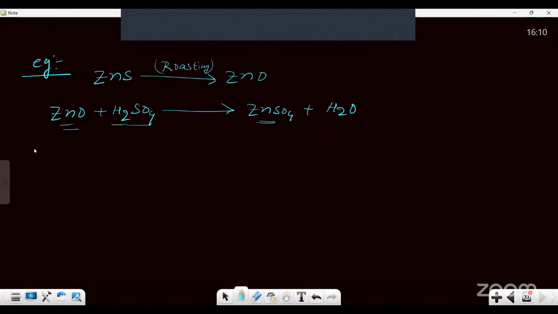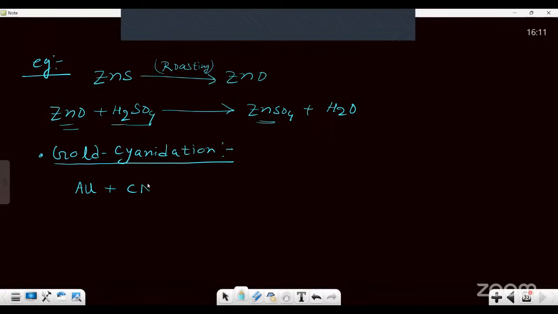Similarly, we have examples like gold cyanidation. If I take the example of gold cyanidation, you are basically using cyanides. You have taken gold and you are treating it with cyanide, like NaCN. I'm writing CN minus, the cyanide ion, which comes from NaCN, sodium cyanide, in the presence of oxygen and water, H2O.